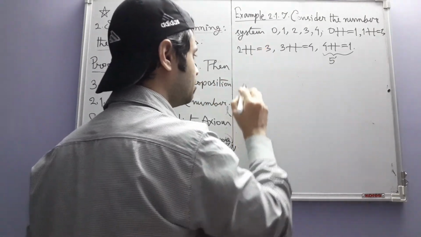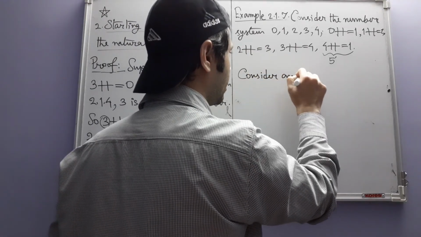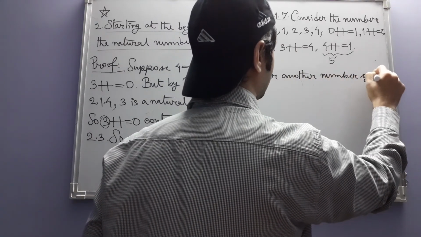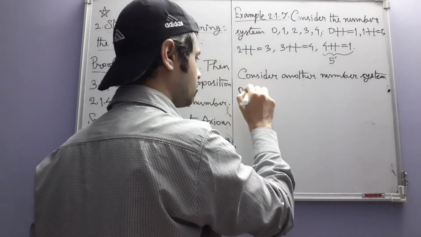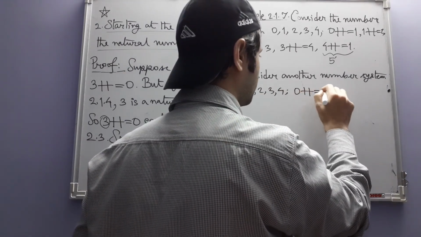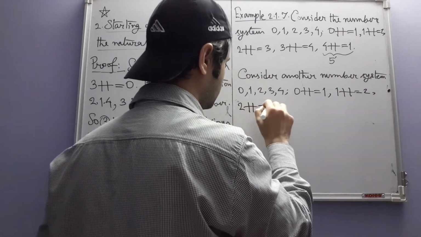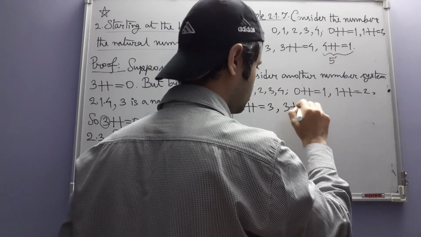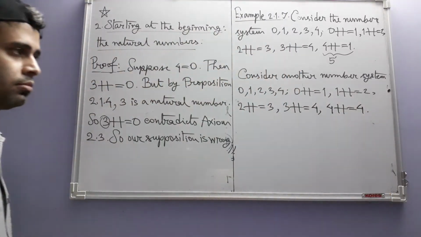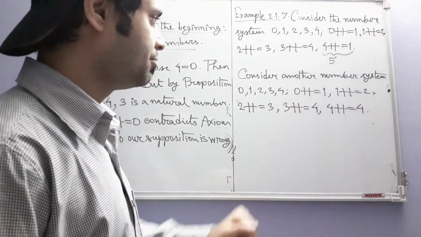Let us take one more number system. Consider another number system: 0, 1, 2, 3, 4. This is slightly different than the previous one.